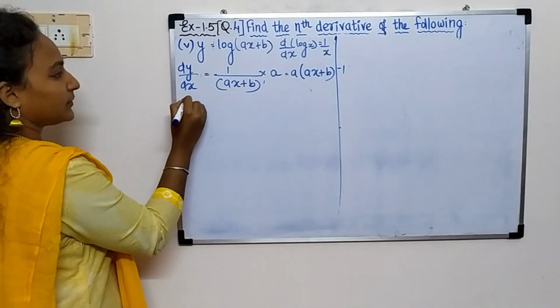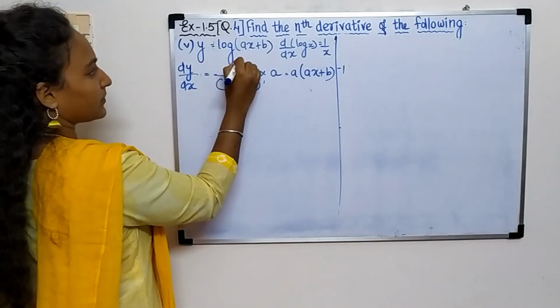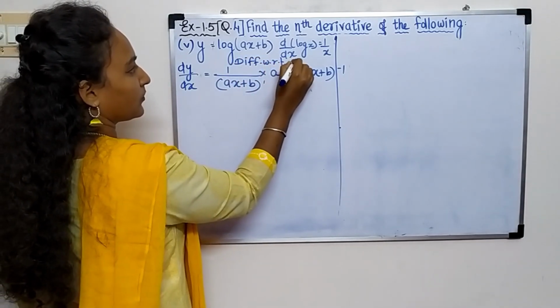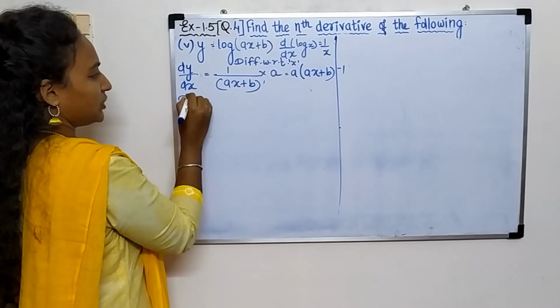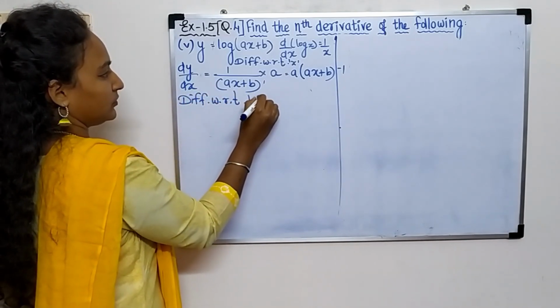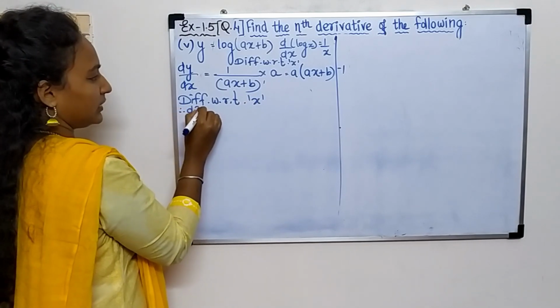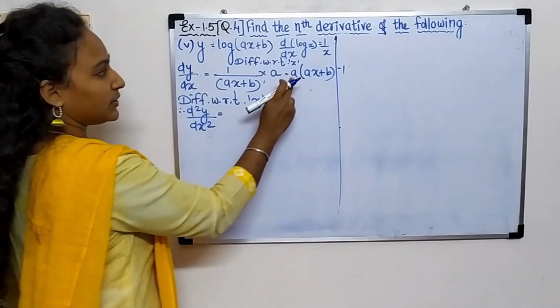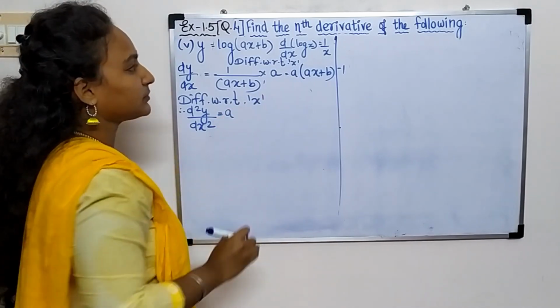Now calculate d square y upon dx square. Differentiate with respect to x. Therefore, d square y upon dx square is equal to a as it is.